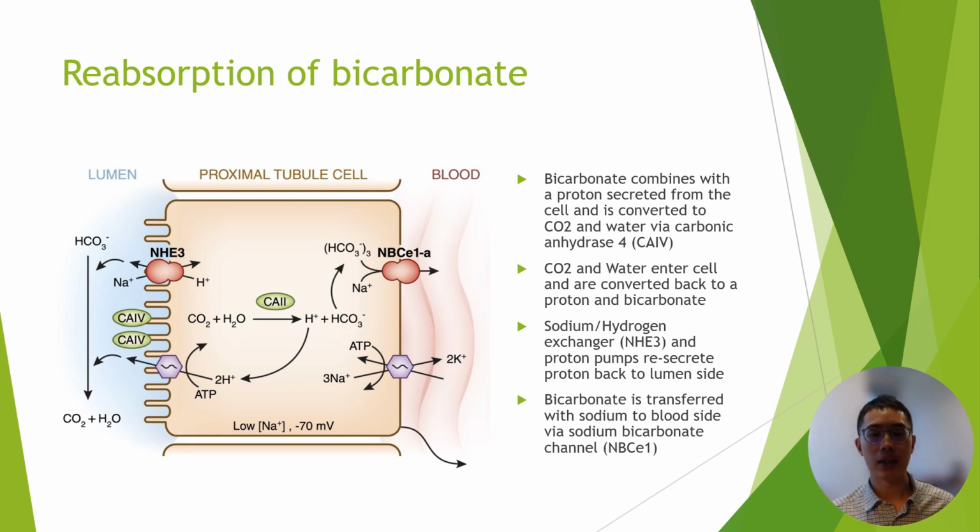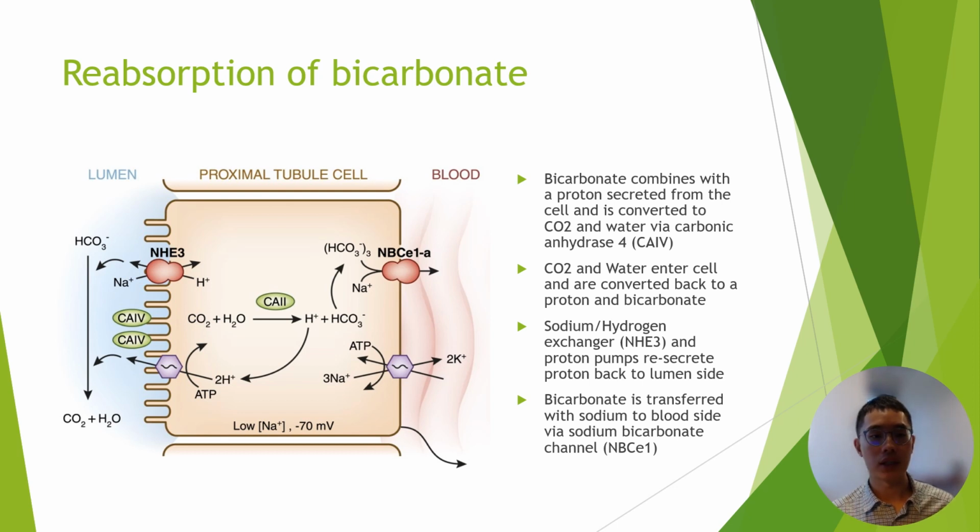This enzymatic activity lowers the carbon dioxide concentration in the cell, which allows for more diffusion of carbon dioxide from the lumen space. Next, the bicarbonate anion exits the cell into the blood space via the sodium bicarbonate transporter NBCE1.